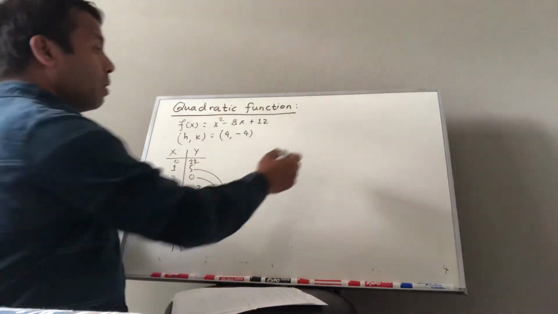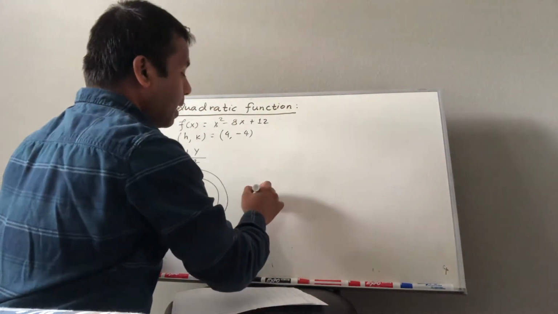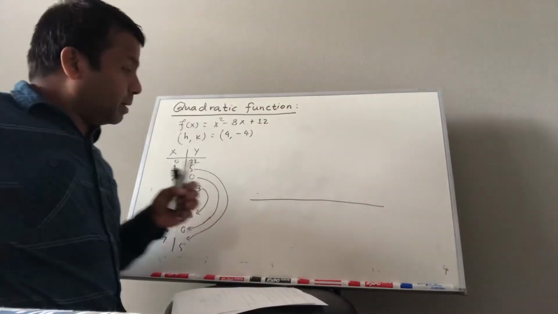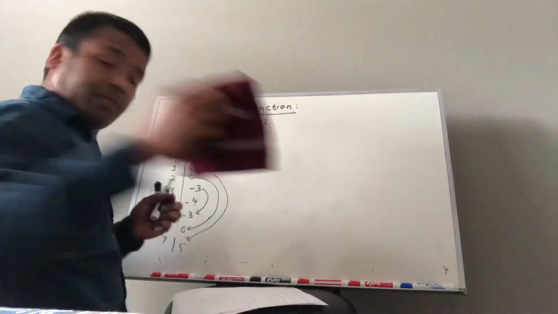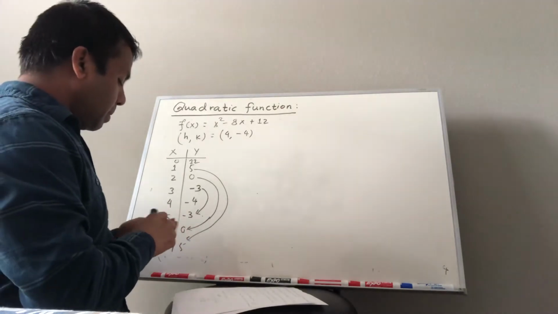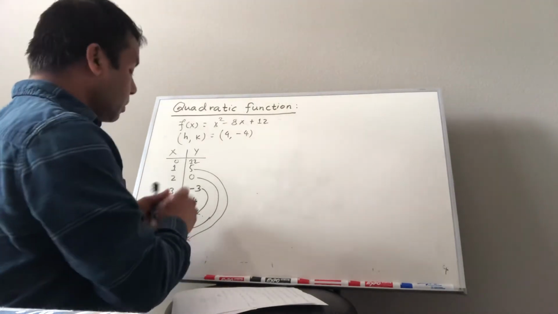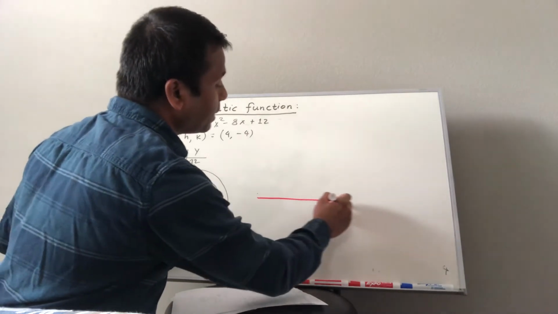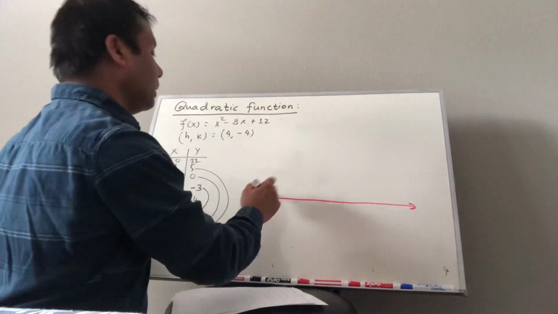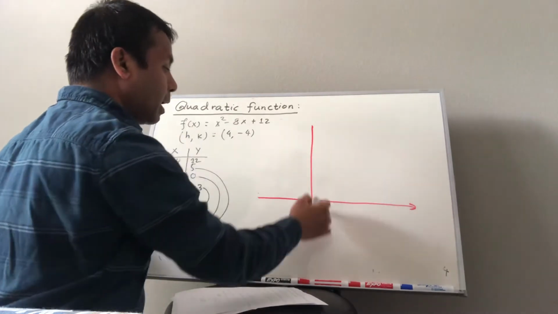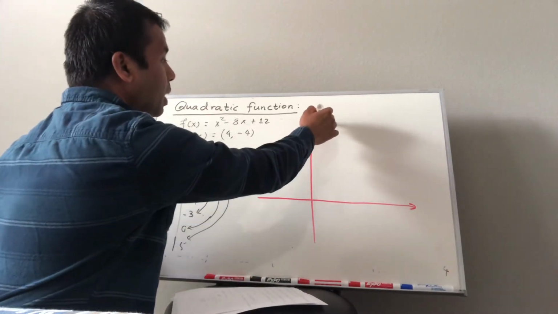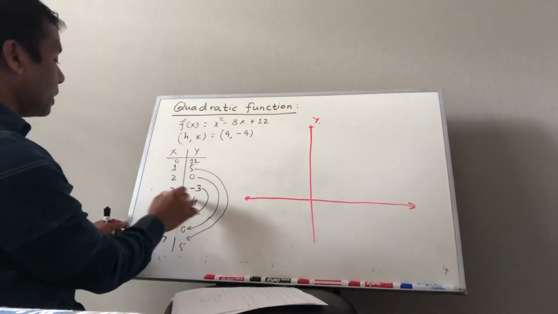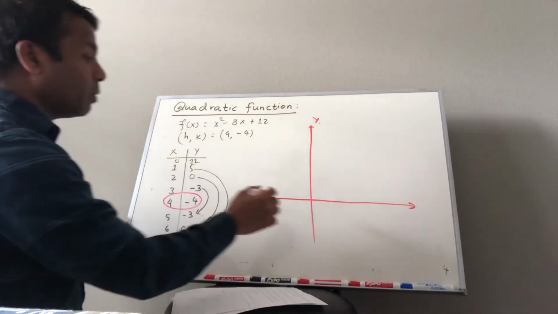So we have this x-axis, and this is our y-axis, and you know the vertex is (4, -4).